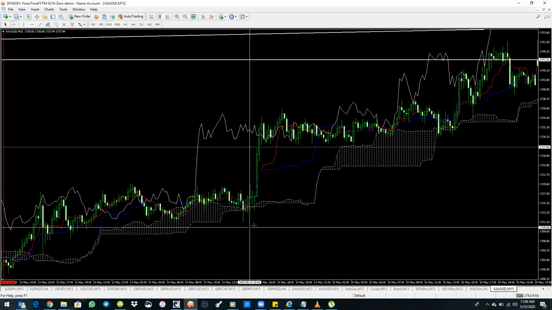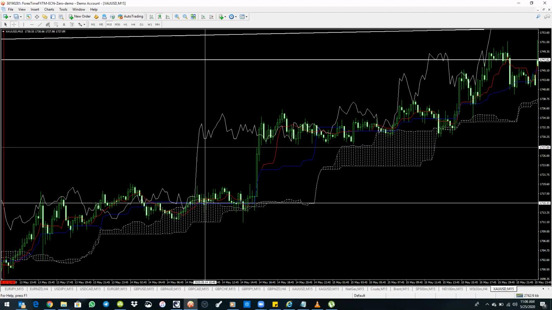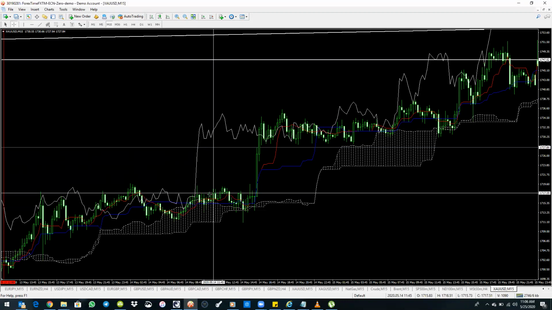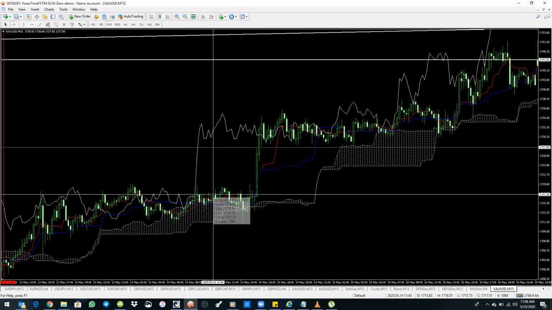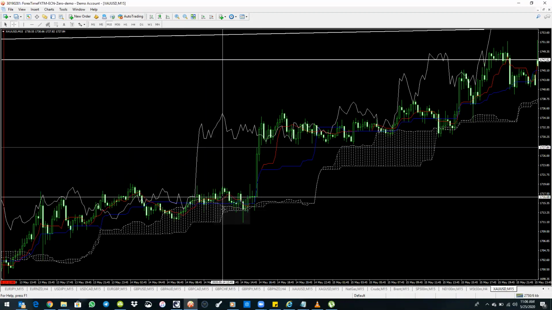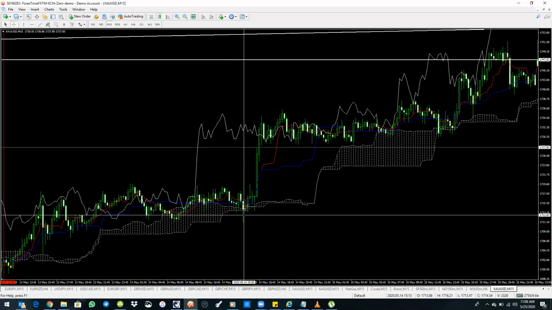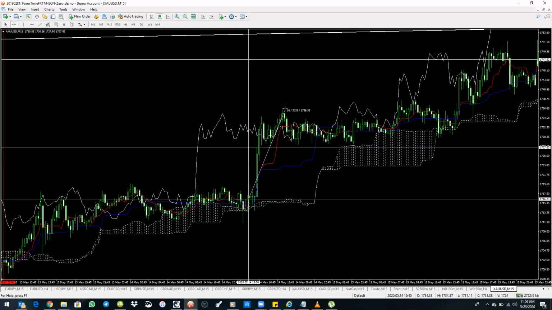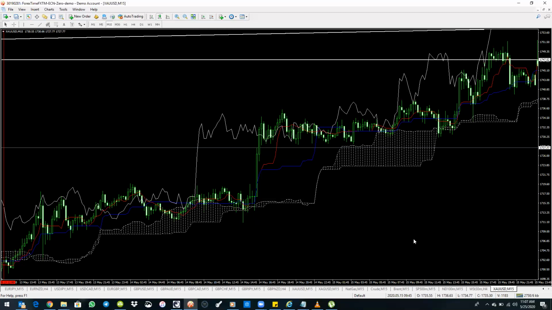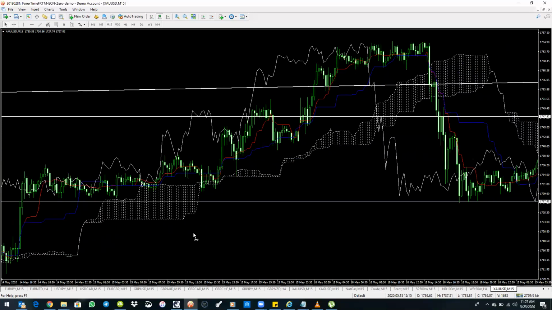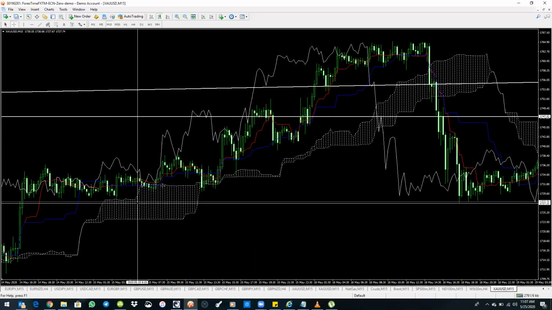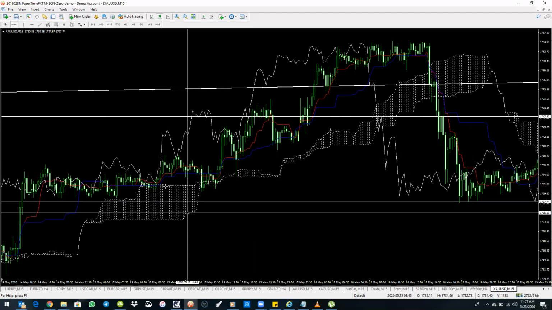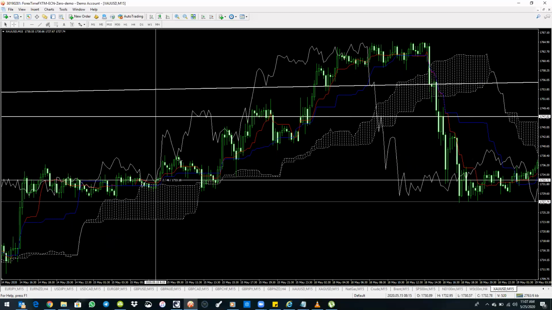So we have a bullish entry here. You can see price closed above the cloud, came back and found resistance off the cloud, and you can see there was a nice strong move there, over 200 pips on that move alone. You can see here that market came and found rejection off the cloud again, and there was another bullish move.